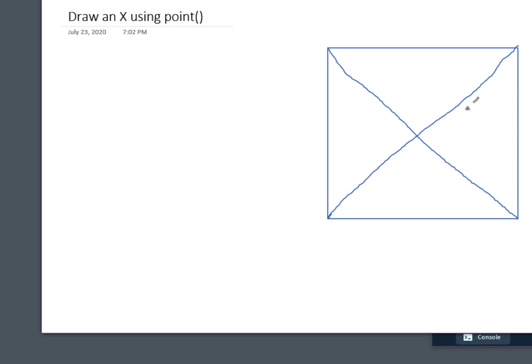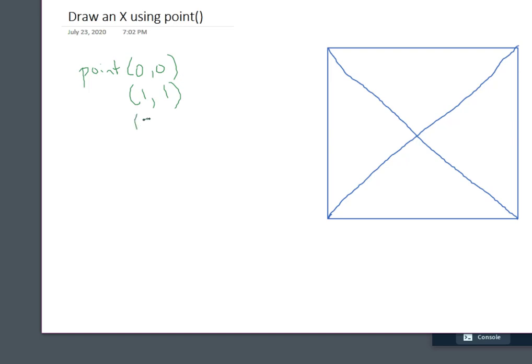Okay, so how do we want to plan this out? We want to think about what we need to do in order to draw each line. So this line, let's just think about where we want to draw our points. We want to have point at 0, 0. Then point at 1, 1.